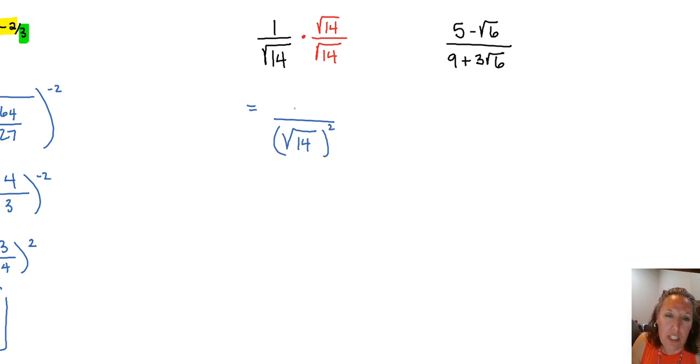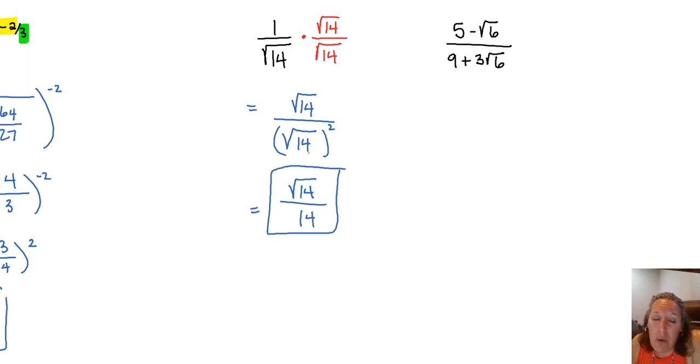In the numerator, 1 times the square root of 14 is the square root of 14. And the square root of something squared is going to be the absolute value of what we have inside, in this case 14. And so we get the square root of 14 over 14. That is considered a more simplified form than 1 over the square root of 14 because we don't have an irrational number in the denominator.